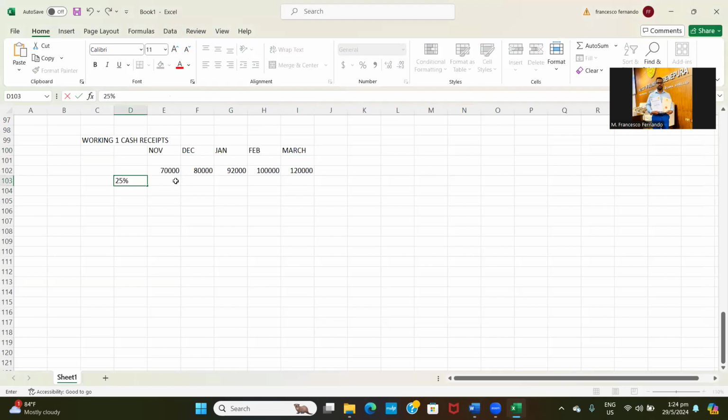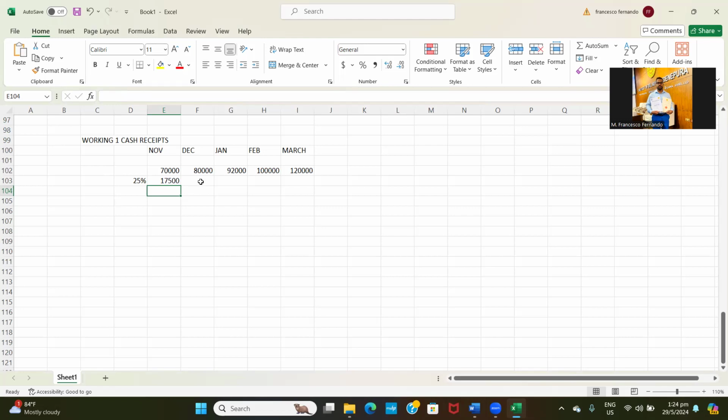So 25% is in cash. It means from the 70,000, 25% is in cash, which is 17,500.